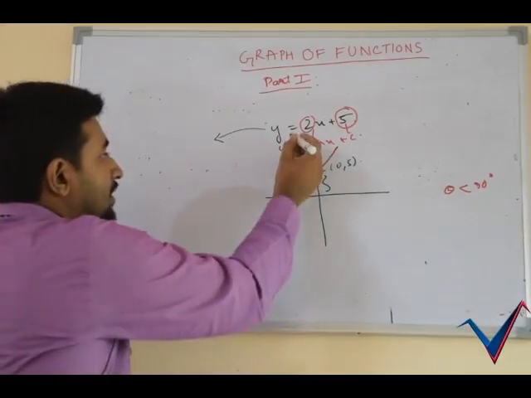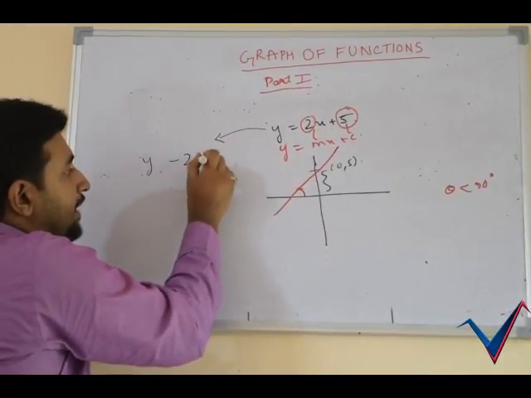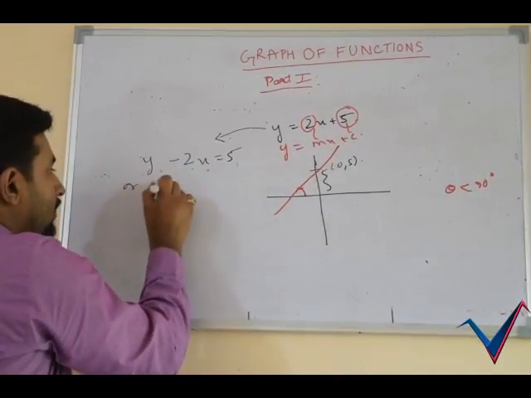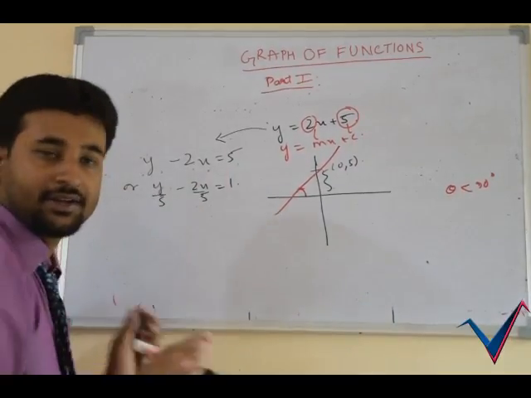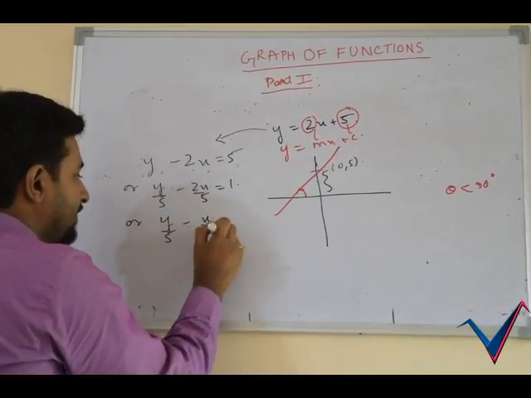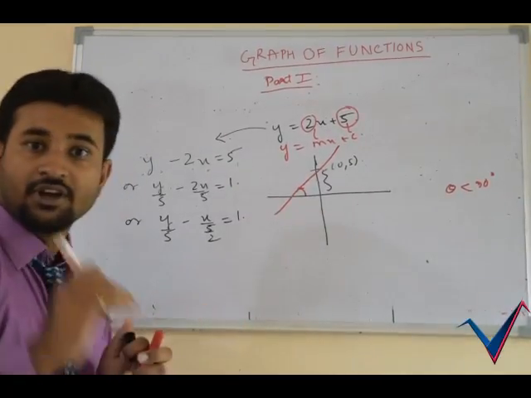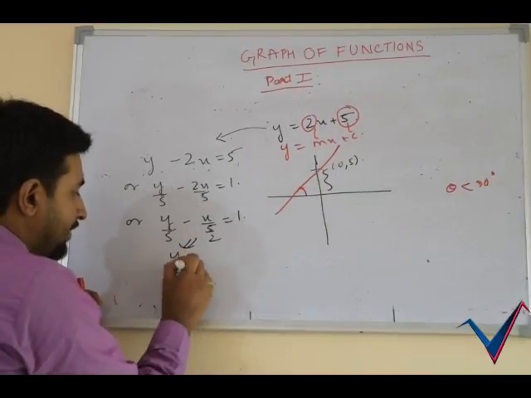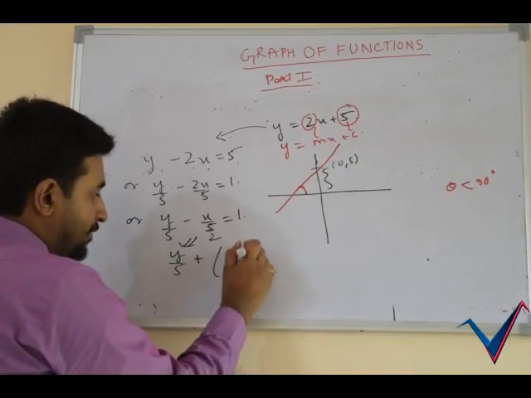Suppose we rewrite this as y minus 2x is equal to 5, or y by 5 minus 2x by 5 is equal to 1, or y by 5 minus x by (5 by 2) is equal to 1. So we could make it as y by 5 plus x by (minus 5 by 2) is equal to 1.